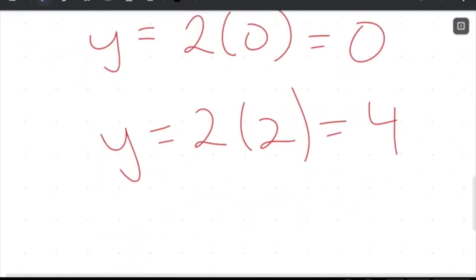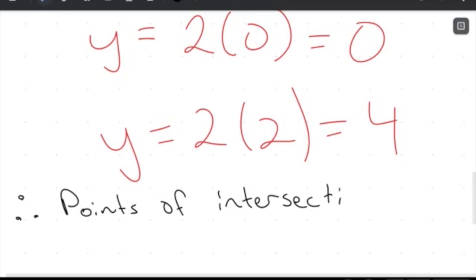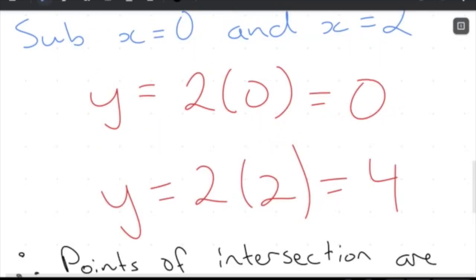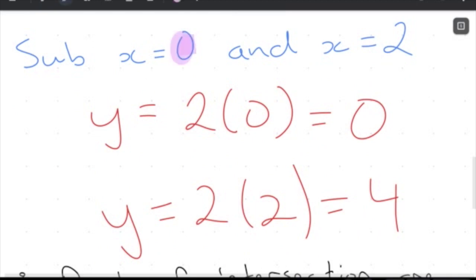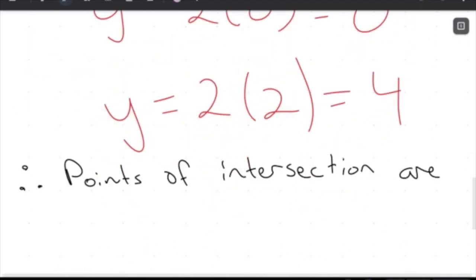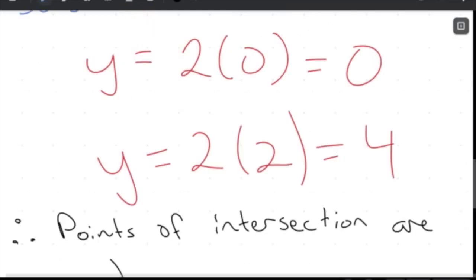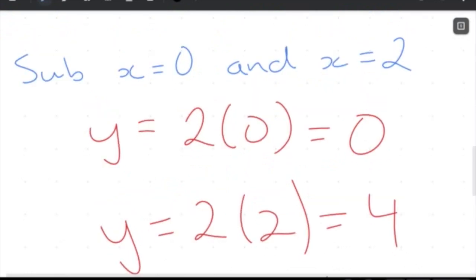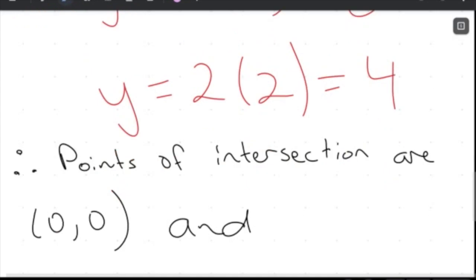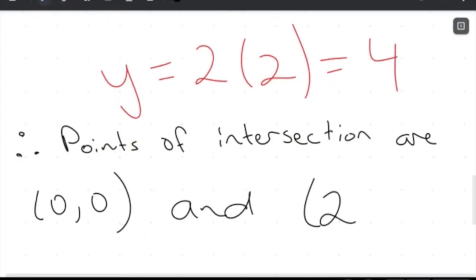So I can say, therefore, my points of intersection are when x equals 0, y equals 0. So one of those points is (0, 0). And another one is going to be, when x equals 2, y equals 4. So the other point is going to be (2, 4).